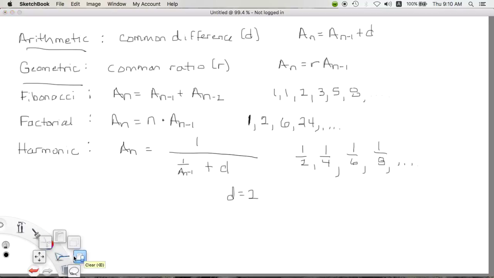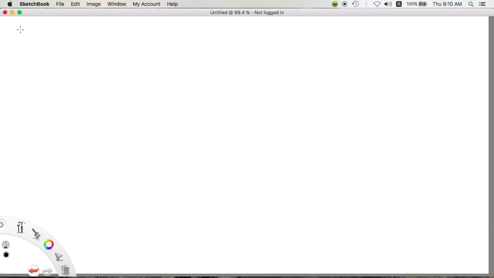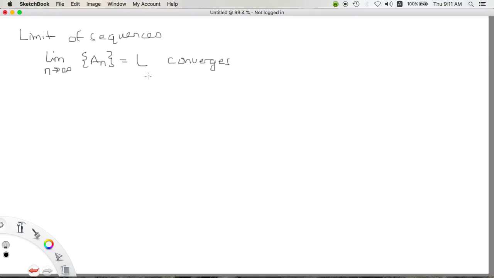Now, the other thing we need to look at about sequences is their limit. The limit of a sequence is that very first little introduction to calculus. The way you write that is the limit as n goes to infinity, so that means the number of terms goes to infinity, of the sequence, and it equals some number L. If it equals the number L, then it converges. That means it's getting closer and closer to one thing.